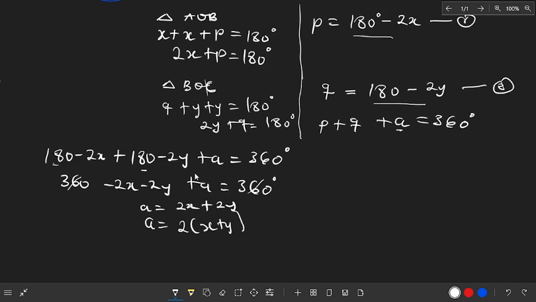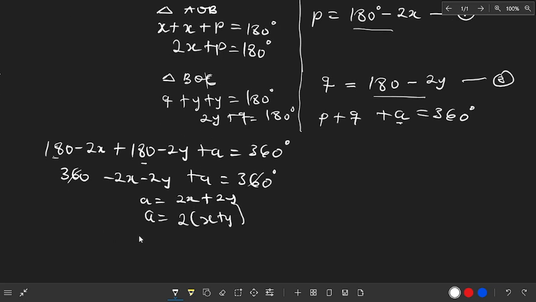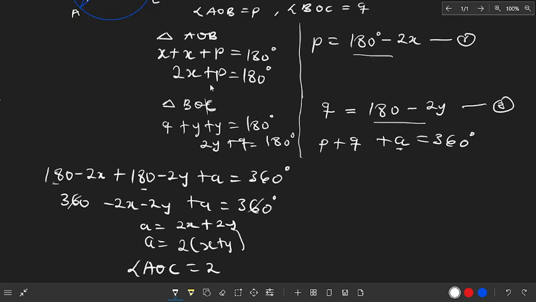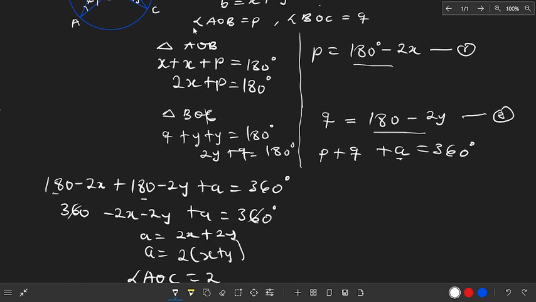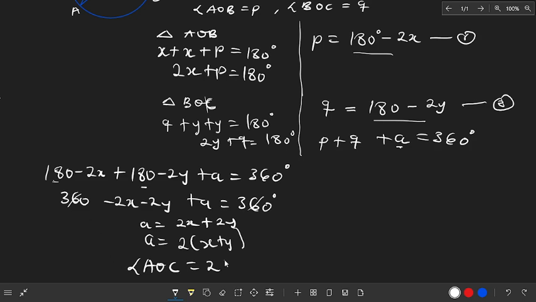So at this point we can write angle AOC equal to 2 times X plus Y. From our diagram, X plus Y is angle ABC. So that will be equal to 2 times angle ABC. Hence proved.